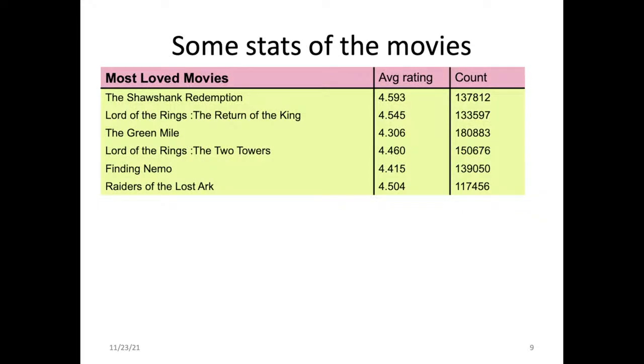Okay, and here are some of the statistics on the movies. These are the movies that received the highest average ratings. This one is in Chinese, 刺激1995. This one is 魔戒. This one is 绿色奇迹. This one is another 魔戒.